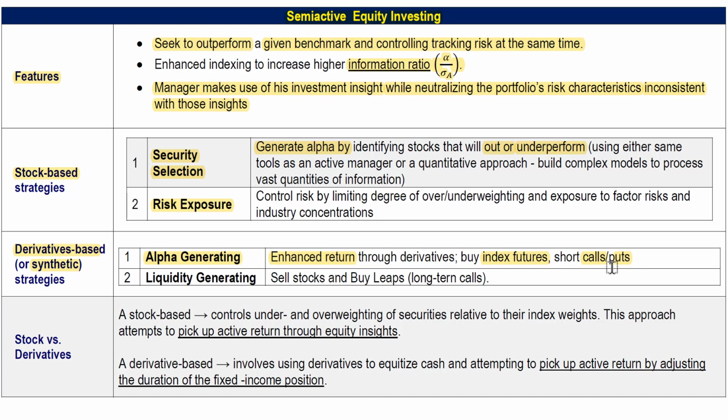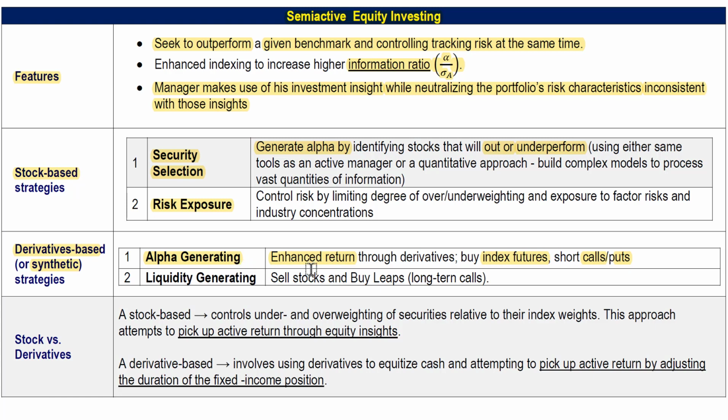You can short a put if you view that the stock is going to increase. If the stock is going to decrease, you can short a call, and you do this kind of so-called market trend or timing approach. This is called alpha generating from derivatives.